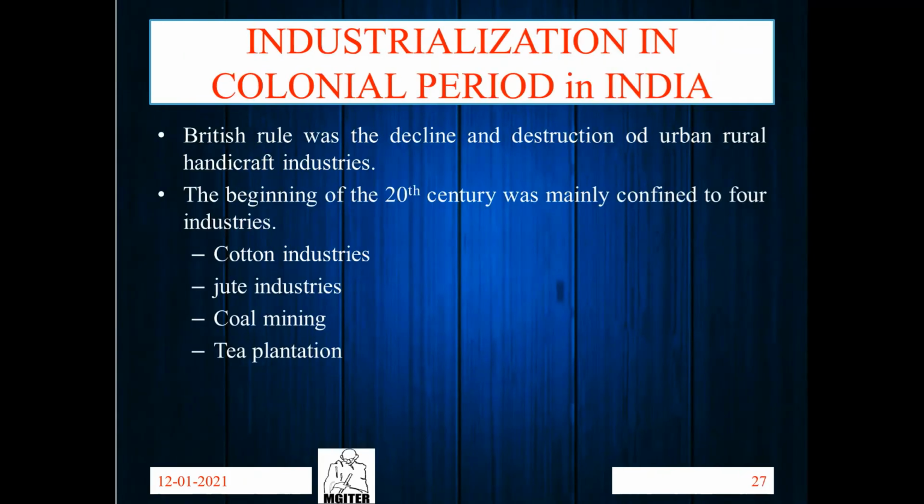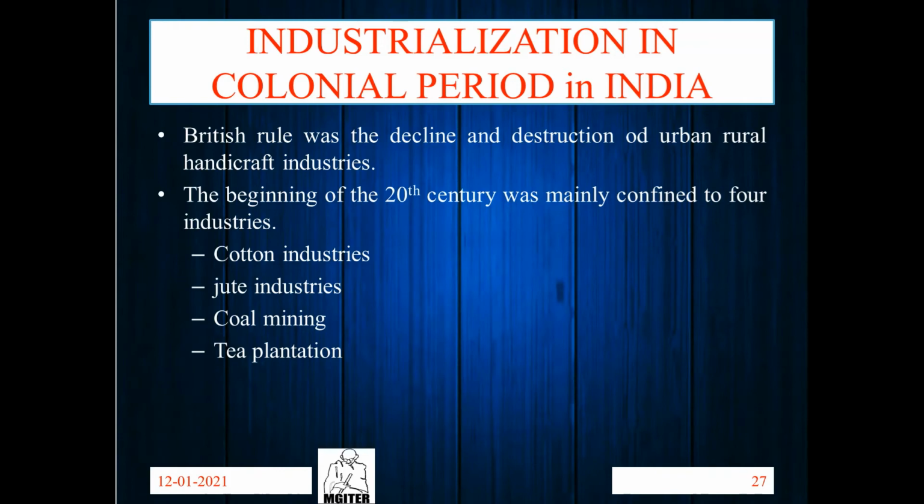Now we are going to industrialization in the colonial period in India. Colonial period means the British period. British rule caused the decline and destruction of urban and rural handicraft industry. The handicraft industry which was running in India was destroyed.